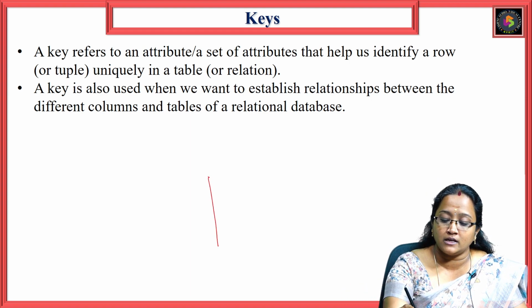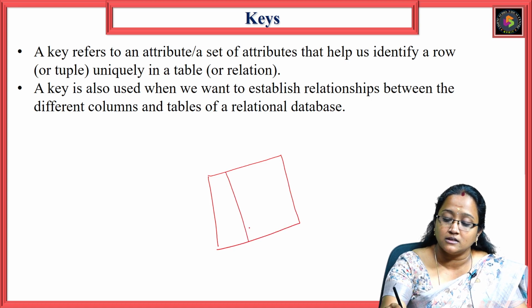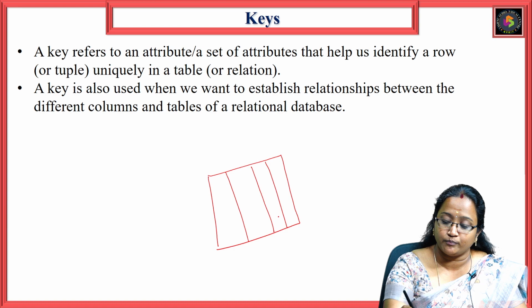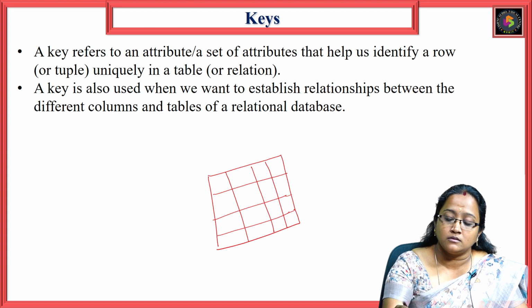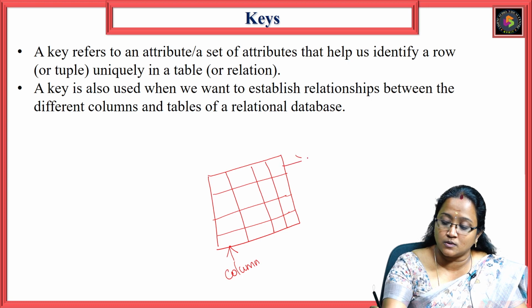Table or relation. This is a table. For example, we are taking this as a table. In this, these are the rows and columns. So this is a row, this is a column, and this one is a row.